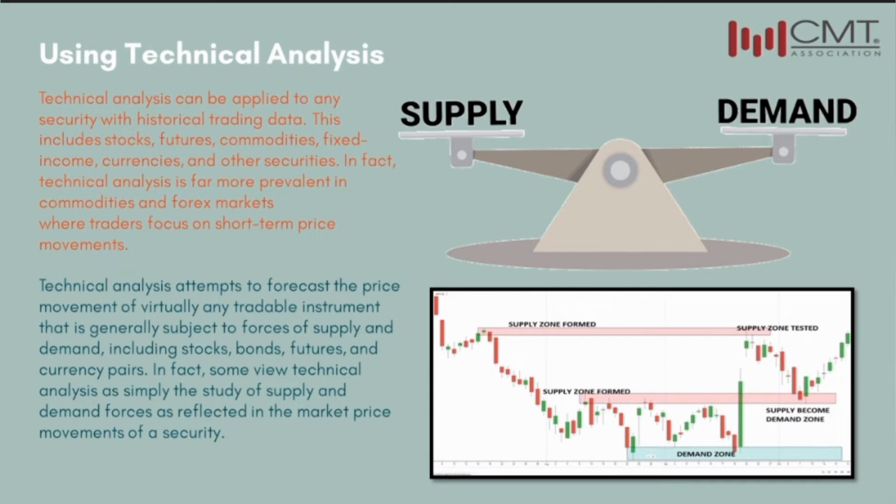Technical analysis attempts to forecast the price movement of virtually any tradable instrument that is generally subject to forces of supply and demand, including stocks, bonds, futures, and currency pairs. In fact, some view technical analysis as simply the study of supply and demand forces as reflected in the market price movements of a security.